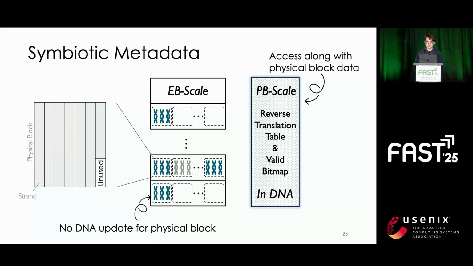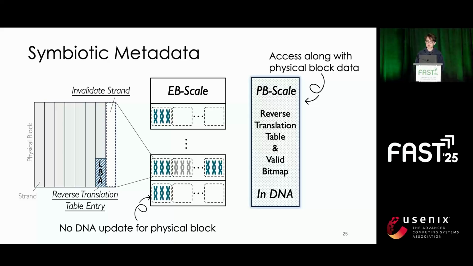Specifically, for a physical block, we leverage the unused area of the last strand to store the entry of the reverse translation table, which means we store the LBA of the physical block in its unused area. Additionally, we add an extra strand to represent the validity of this block. We call it the invalidated strand.